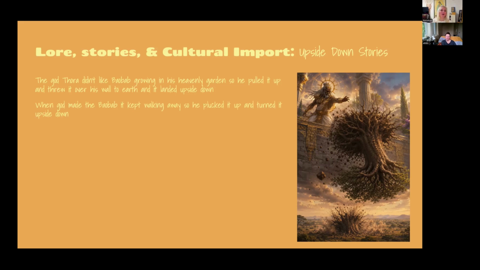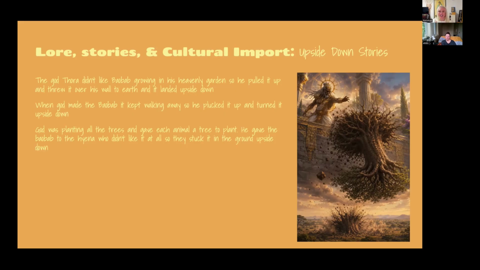Here's another one. When God made the baobab tree, it just kept walking, so he plucked it up and turned it upside down so it couldn't walk anymore. Here's another: God was planting all the trees and gave each animal a tree to plant, and he gave the hyena the baobab tree.